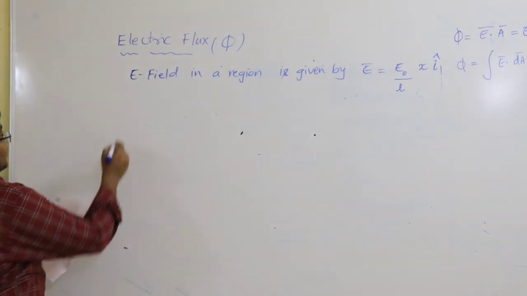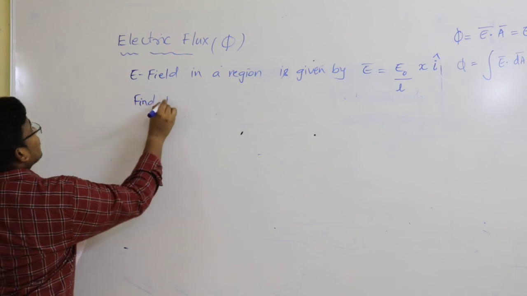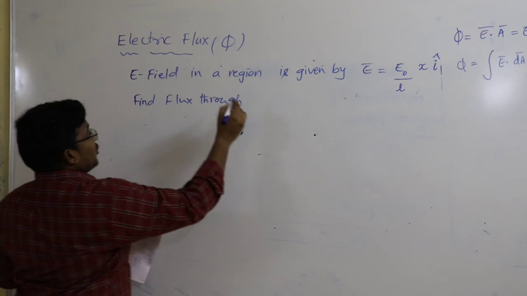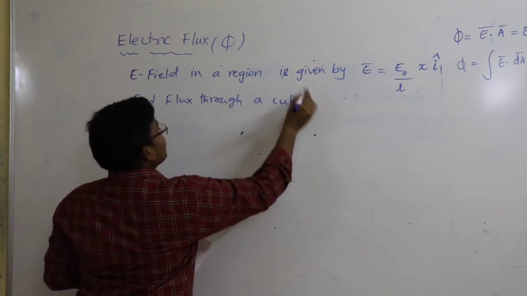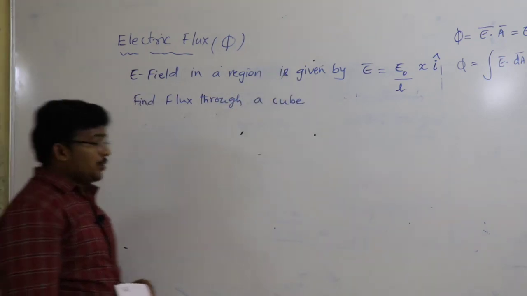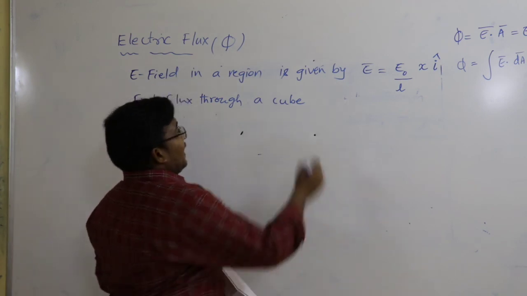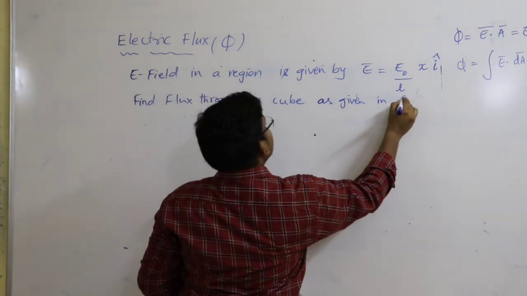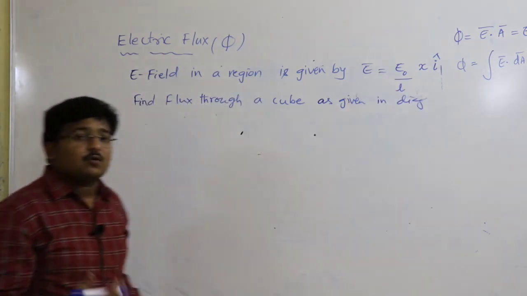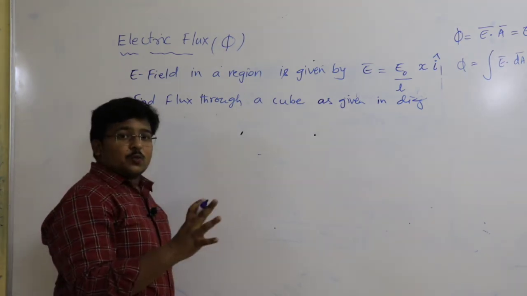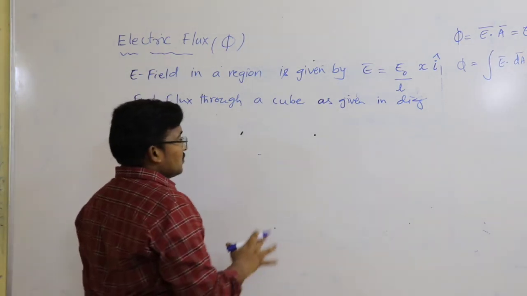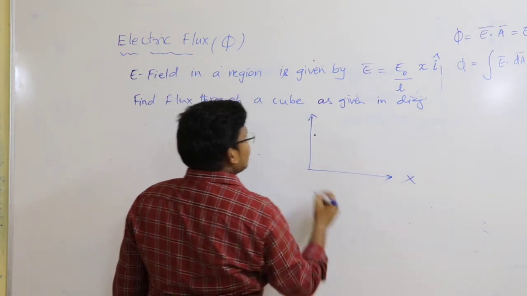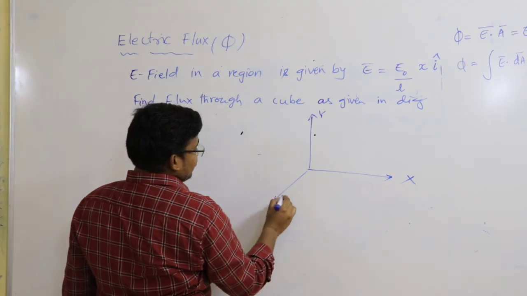Now they are asking: find the flux through a cube as given in the diagram. How is the cube? That cube is in XYZ space. This is x axis, this is y, and this is z.